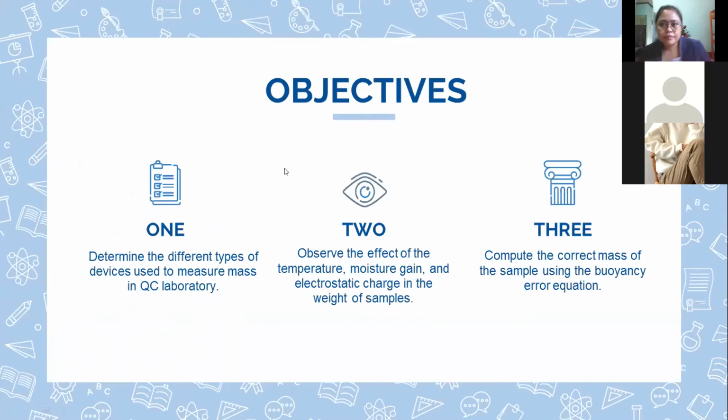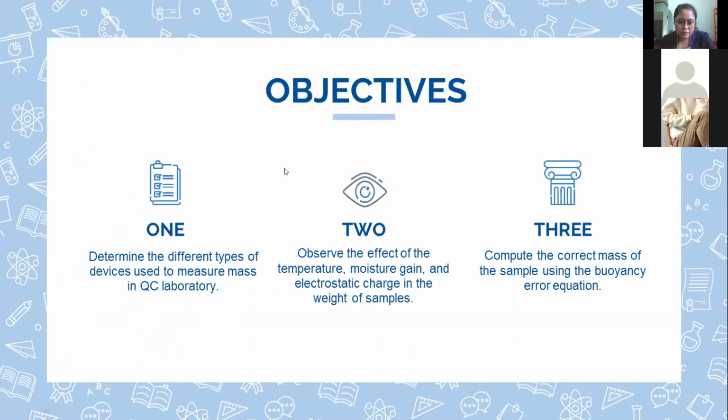First is to determine the different types of devices used to measure mass in QC laboratory. Second is to observe the effect of the temperature, moisture gain, and electrostatic charge on the weight of samples. Third is to compute the correct mass of the sample using the buoyancy error equation.